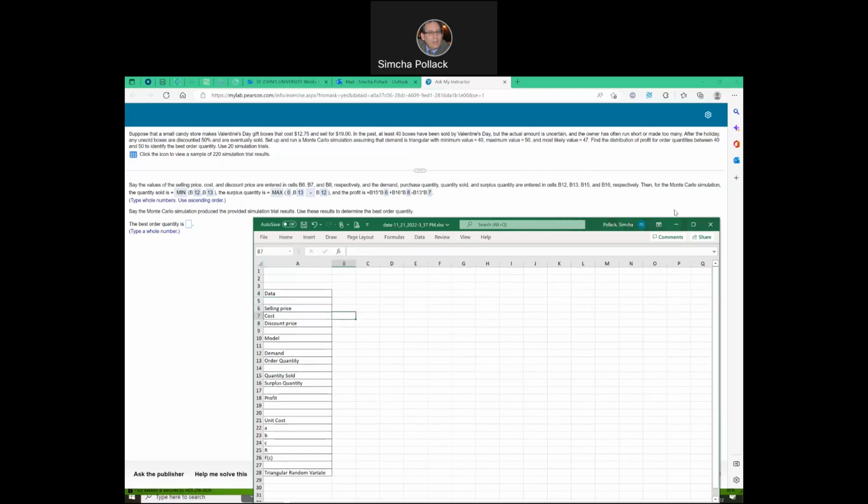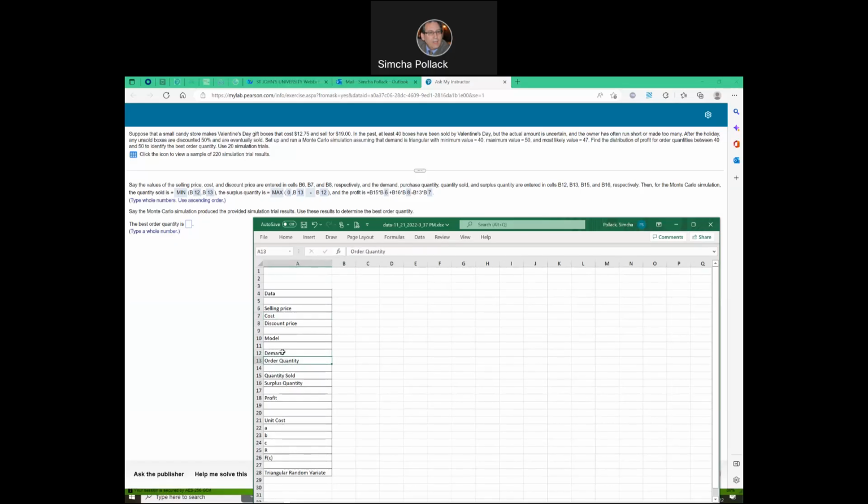Now, when you set up the Monte Carlo simulation, again, we're not doing it, to figure out the quantity sold, it's the minimum between B12 and B13, because you have a demand and you have your order quantity.